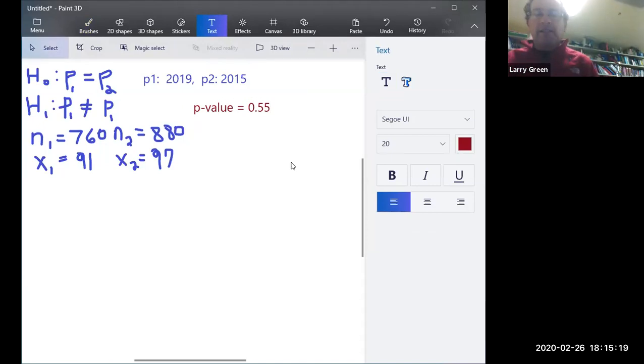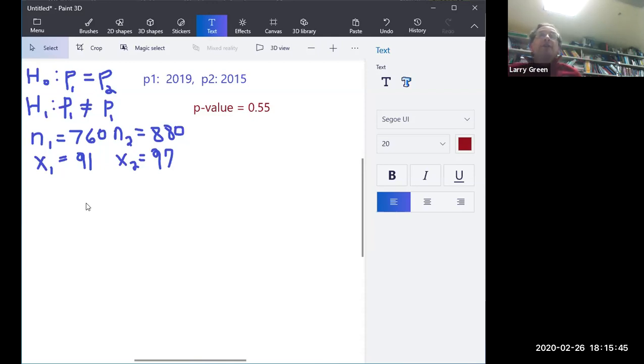So what's the conclusion? What do you think? Yeah, we fail to reject because 0.55, we don't even need to be given a level of significance.